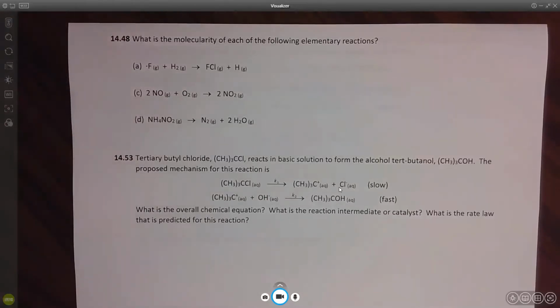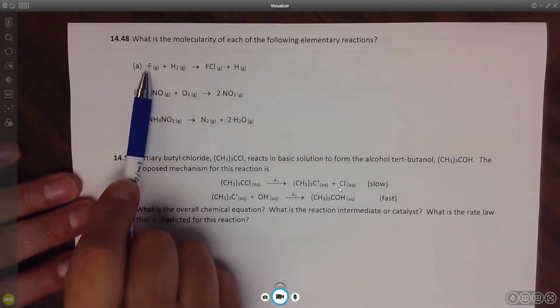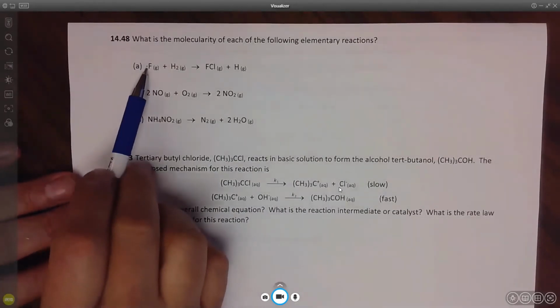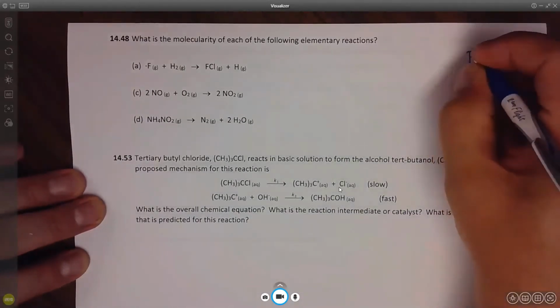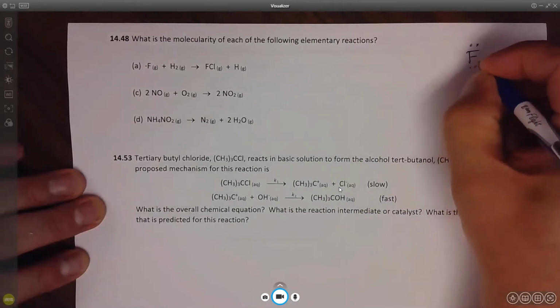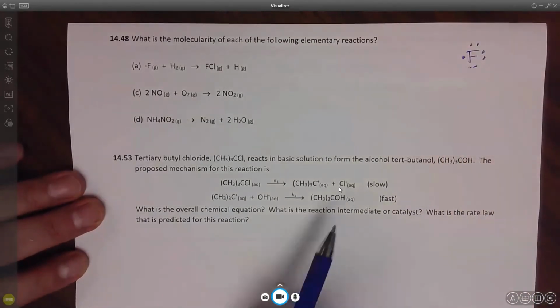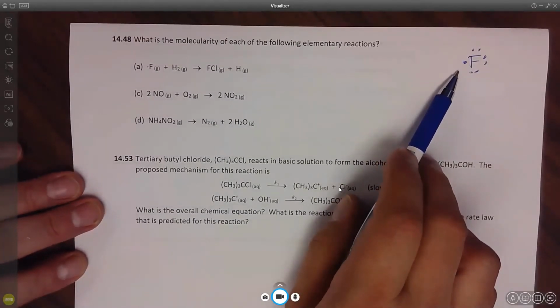So let's try number 48 from chapter 14. We have this atomic fluorine, and we sometimes write it like this as a radical. Because remember, atomic fluorine has 7 valence electrons, and one of them is unpaired. Electrons don't like to be unpaired, so we call this thing a radical. They're extremely reactive.